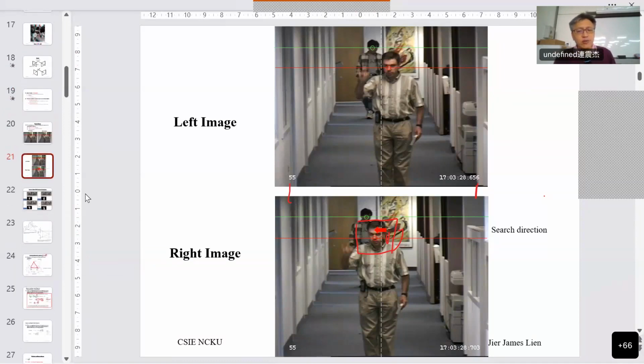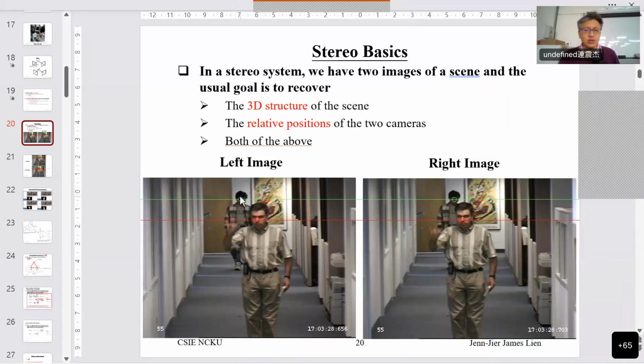So what do you do? First, based on the epipole, you try to find the corresponding epipolar line. Or you can do alignment, and suppose it is aligned, like in your homework, then you just use the same line. Suppose this position has x equal to 100 and y equal to 10.